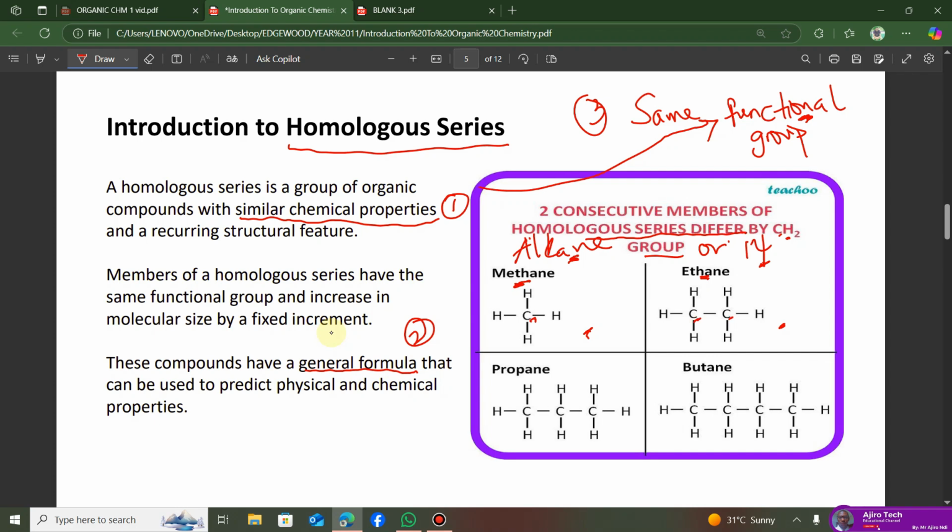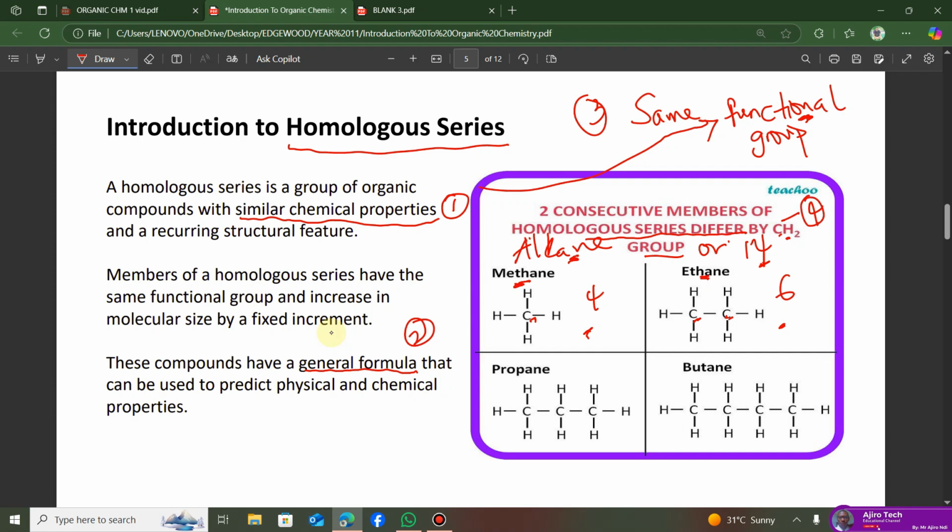And then if you look at the difference in hydrogen, how many hydrogens are in methane? We have 4 hydrogens here. Let's look at how many hydrogens are in ethane. 6 hydrogens. You can see the difference in terms of hydrogen is a difference of 2. In terms of carbon, it's a difference of 1. An additional carbon has been used here. So meaning that when you move from the first member to the second member, it differs by a CH2 group or a mass of 14. All right, so that's the fourth feature. So this is feature number 4.